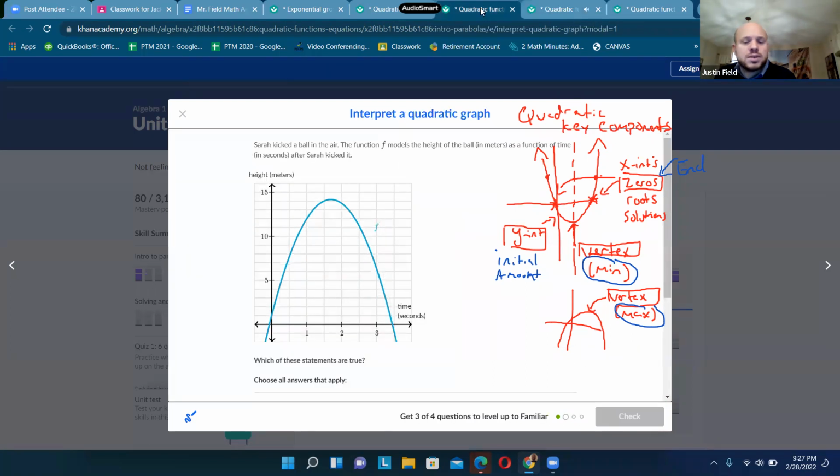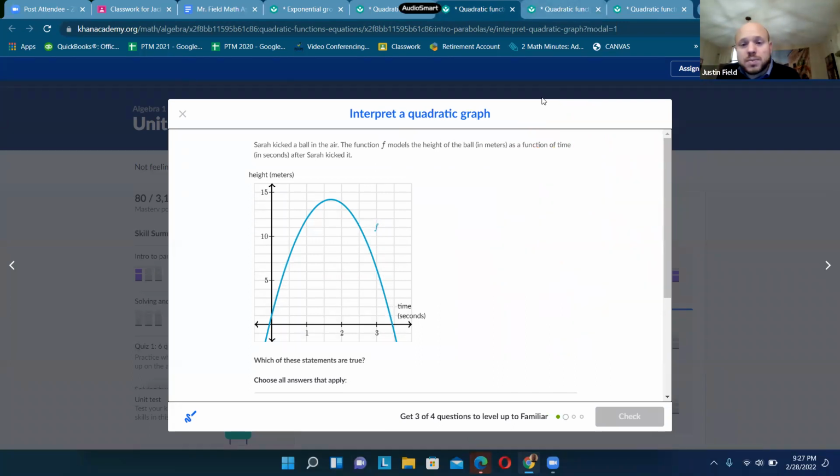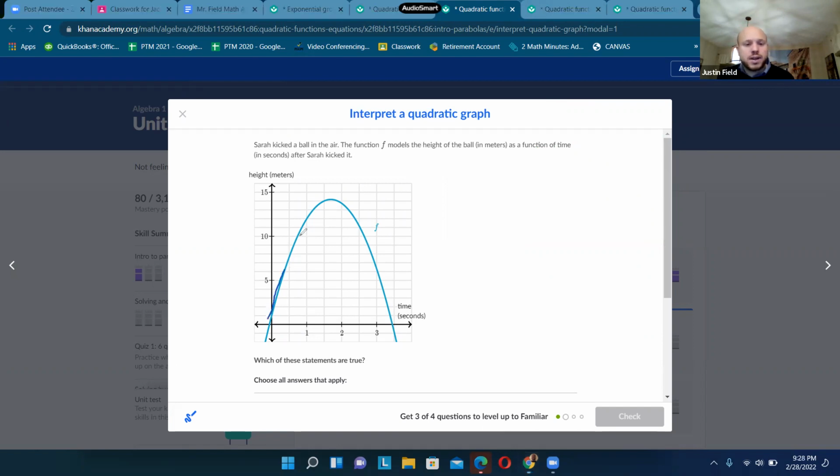Okay. So now you can interpret a quadratic graph. This one's a little bit more difficult, but we can do it. As Sarah kicked the ball into the air, the function models the height of the ball as a function of time after she kicked it. So we can picture the soccer ball right up in the air and then boom, it hits the ground right there, right?